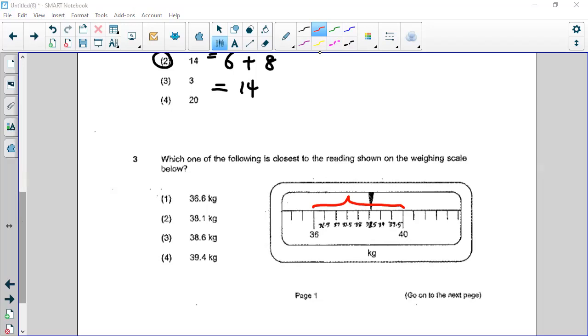How many gaps are there? You have 1, 2, 3, 4, 5, 6, 7, 8. So you have 8 gaps or 8 units. How big is 8 gaps? You take 40 minus 36, that'll be 4. What is 1 gap? 1 gap will be 4 divided by 8 and not 8 divided by 4. How to not get confused by what divided by what?